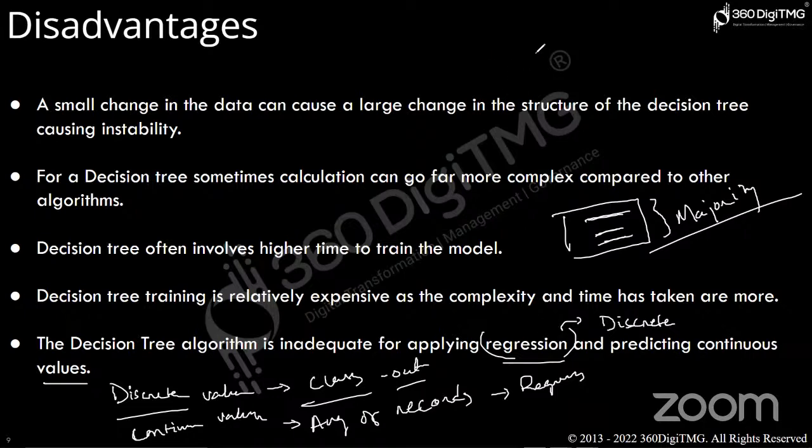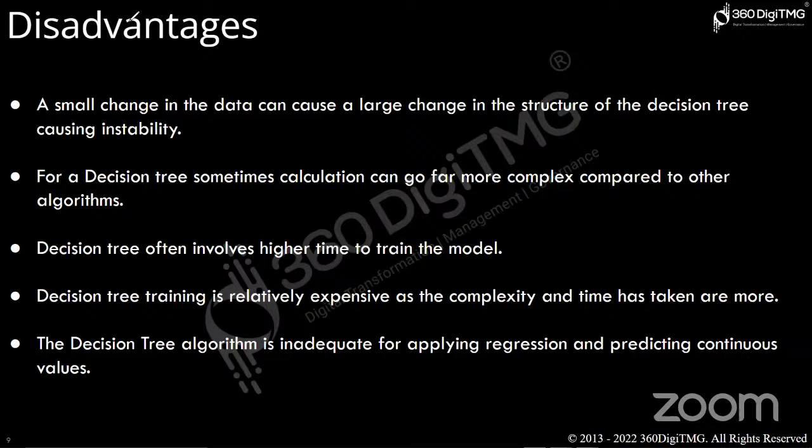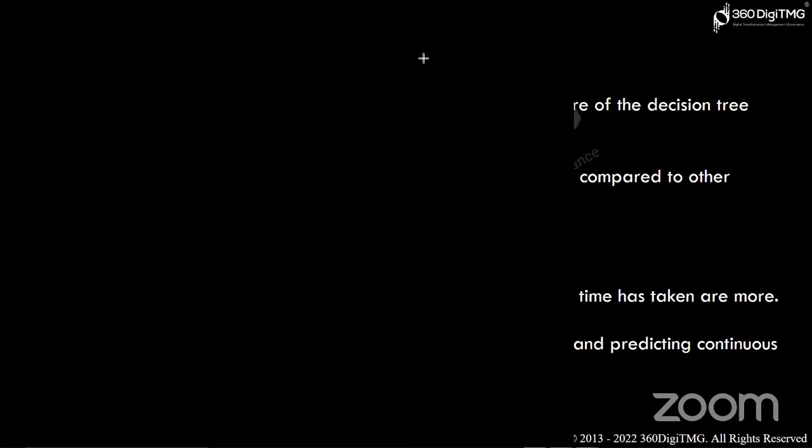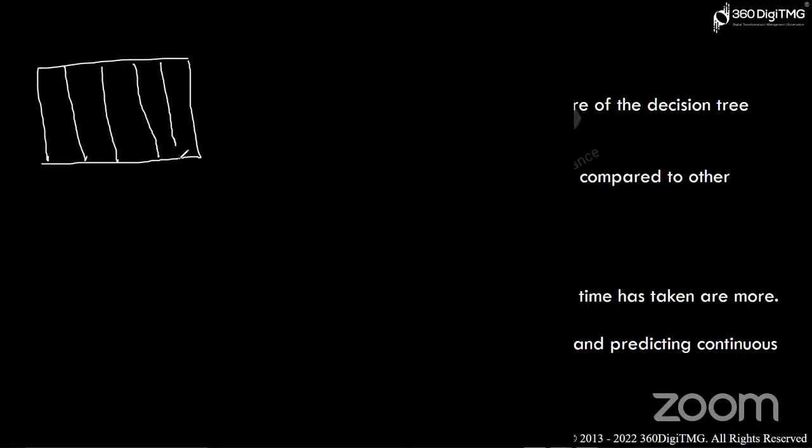Before going to the use case, let me tell you the whole process again. Basically, we will have a data set, and in this data set we will have a few attributes.